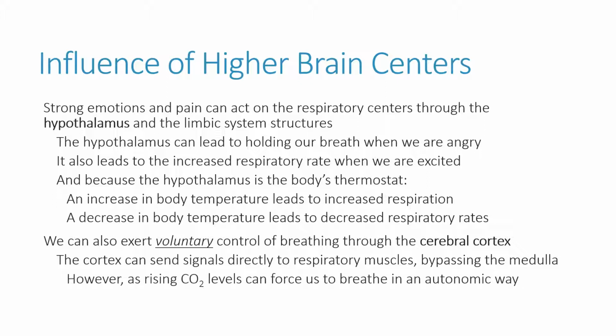However, if we try to hold our breath for an extended period of time, rising levels of carbon dioxide will eventually trigger those carbon dioxide and H plus chemoreceptors that will force us to breathe through these autonomic kinds of controls. We can exhibit some voluntary control, but that can be overridden by our autonomic controls.